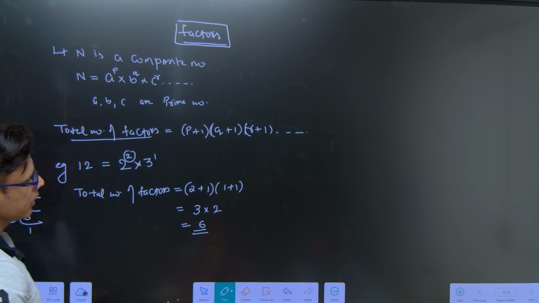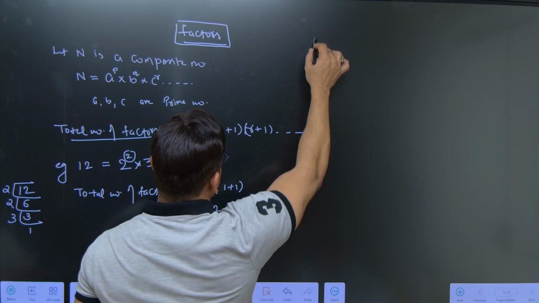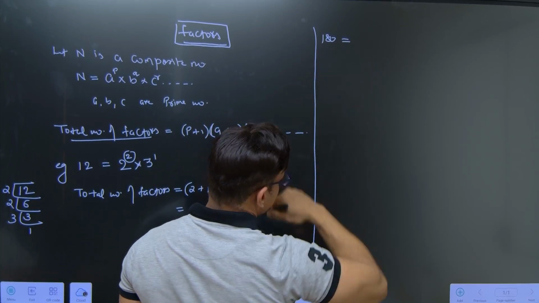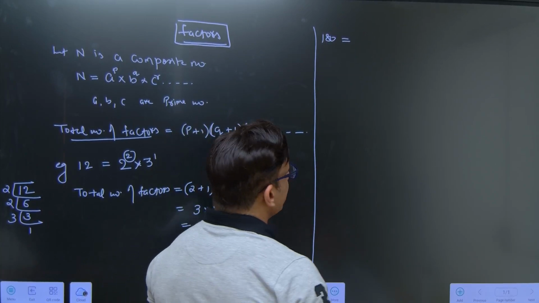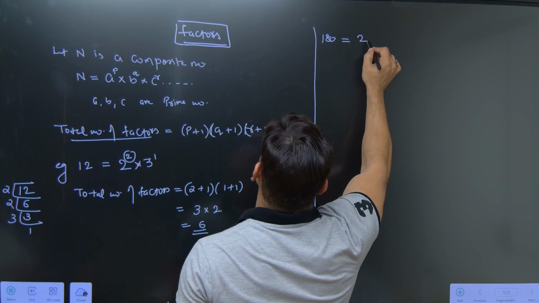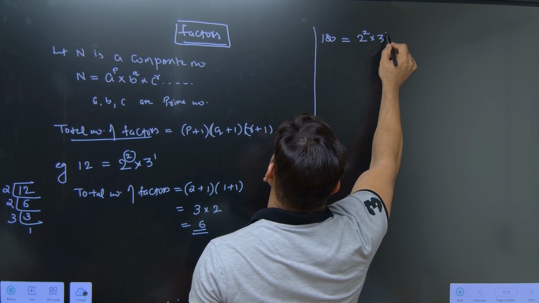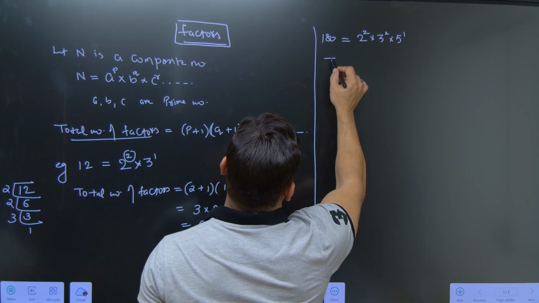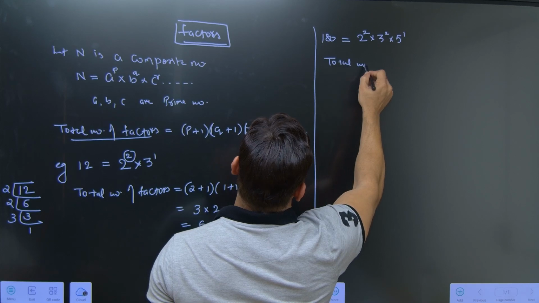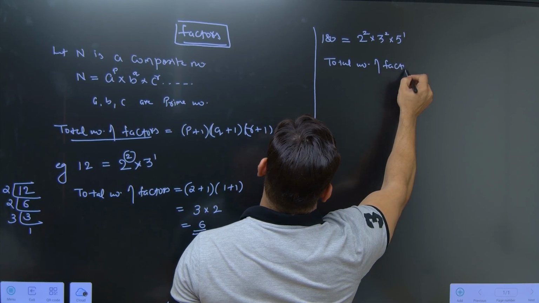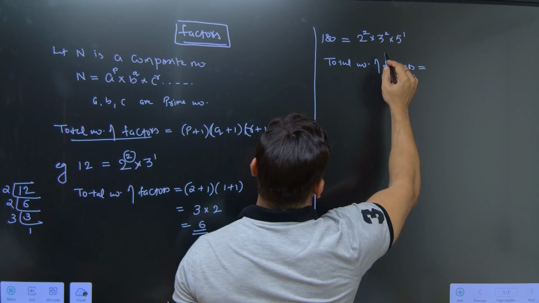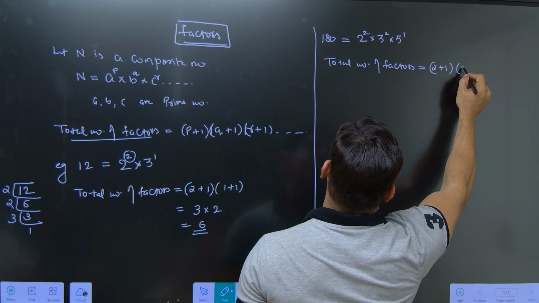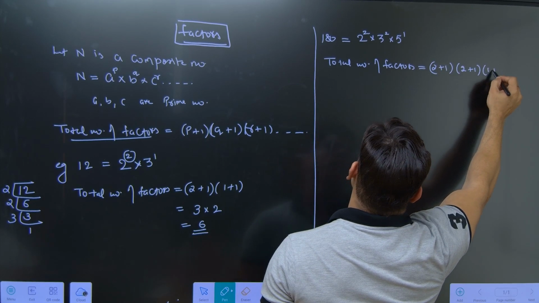Right? Similarly, if you have a number, let's say 180. First you prime factorize 180. It will give you 2 squared into 3 squared into 5 raised to the power 1. And to find the total number of factors, what we are supposed to do is take 2 plus 1, again 2 plus 1, and 1 plus 1.